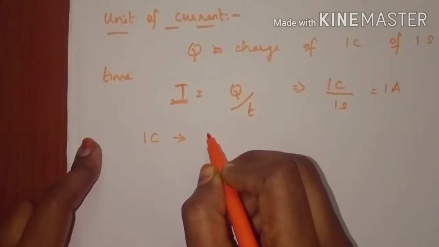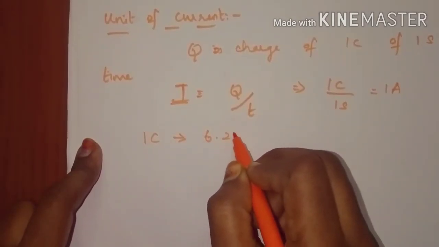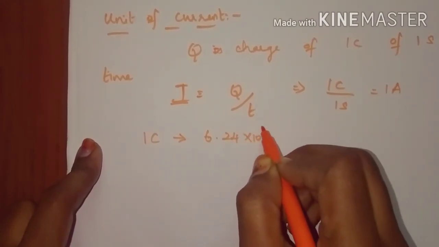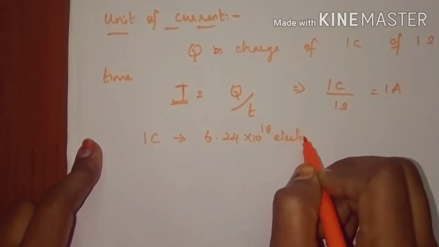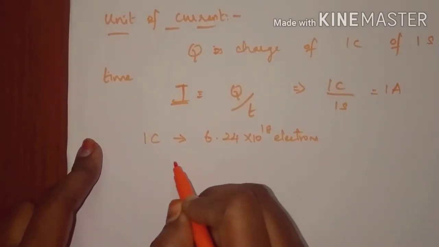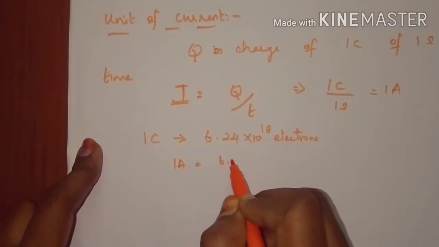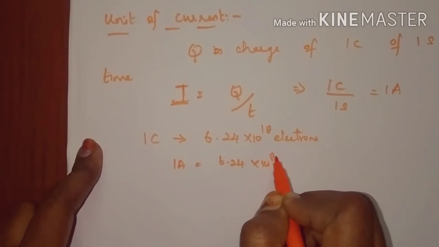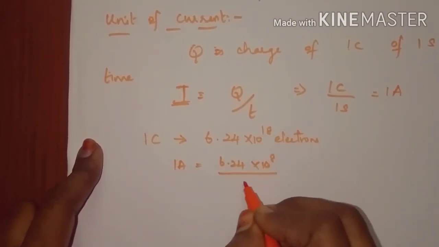1 coulomb of charge has 6.24 into 10 to the power 18 electrons. So to get 1 ampere of current, we need 6.24 into 10 to the power of 18 electrons to move for 1 second.